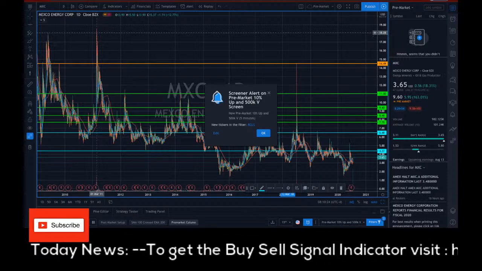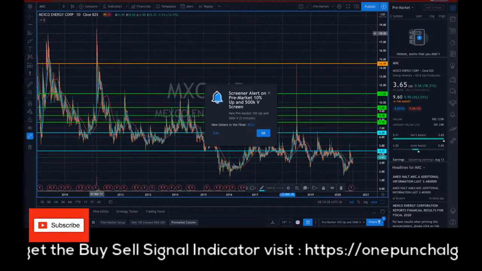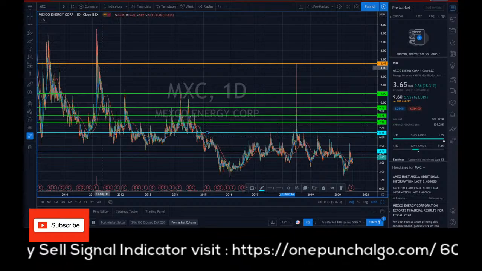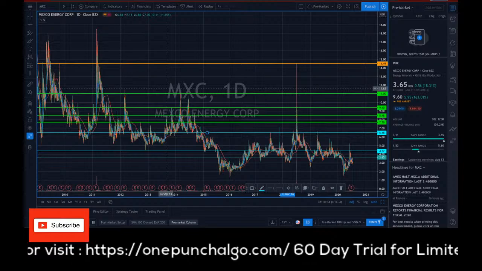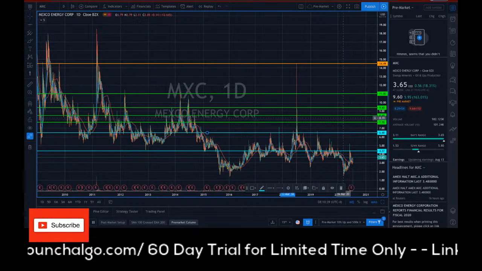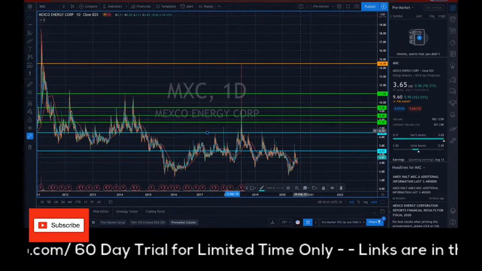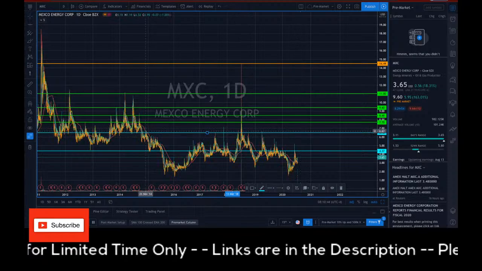Actually it went more than that, but we could mark it as a resistance level. So if it touched the same area 2 or 3 times in previous dates, then we can mark it as a support or resistance level. For support, it's the other way.